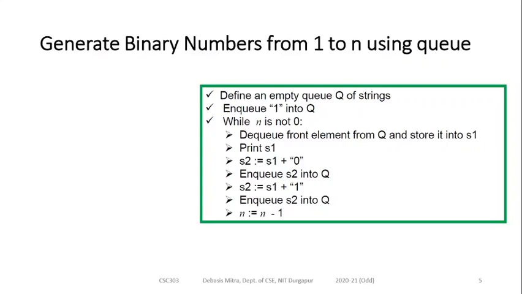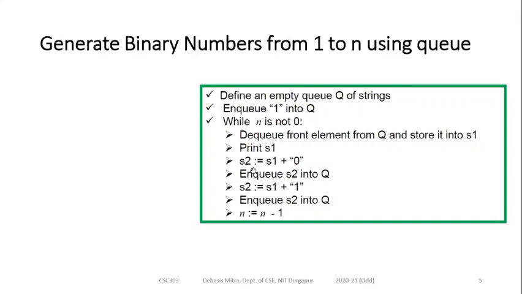Initially we will enqueue the string 1 into that, and then depending on the value of n, we will repeat these steps. These steps are very simple.